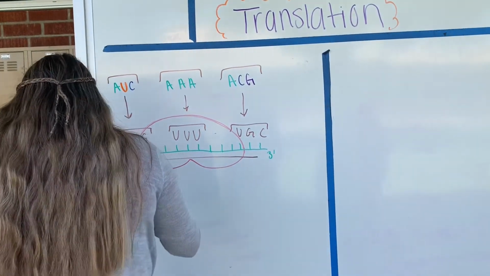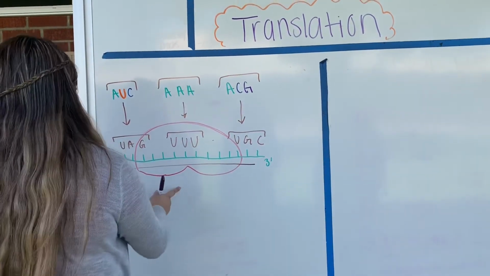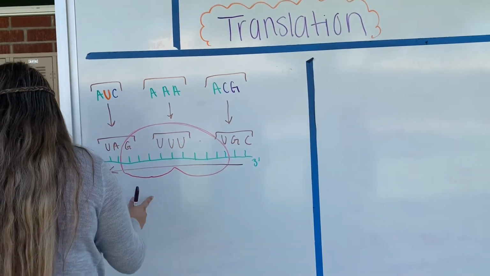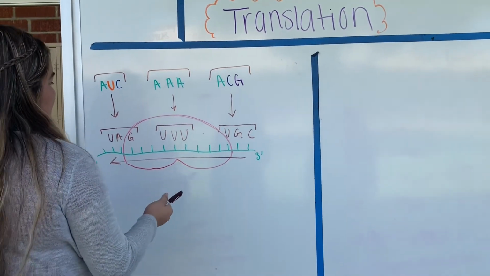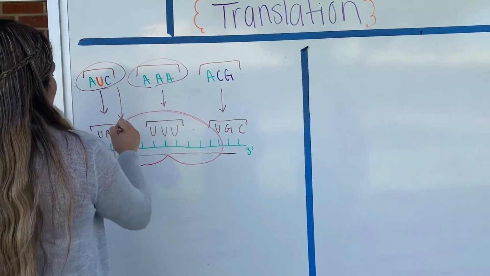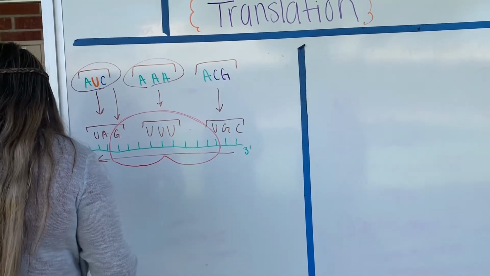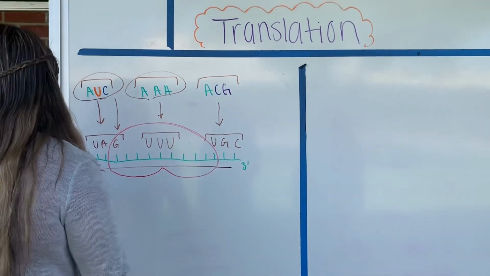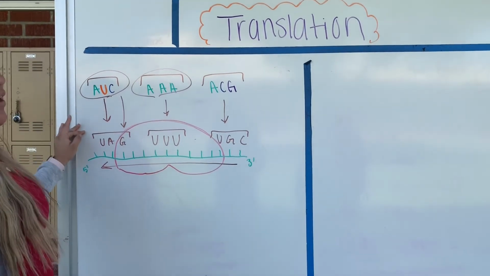The ribosome will continue to move on and add each amino acid. Each single one of these paired with these will continue to go on until the strand has been completed. And this is what determines what the final strand will look like.